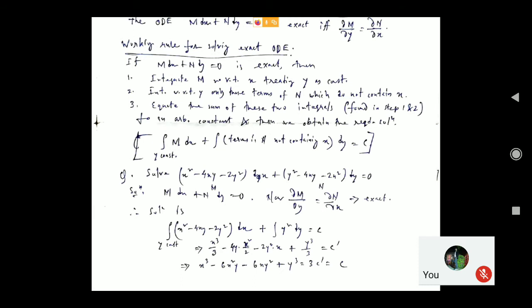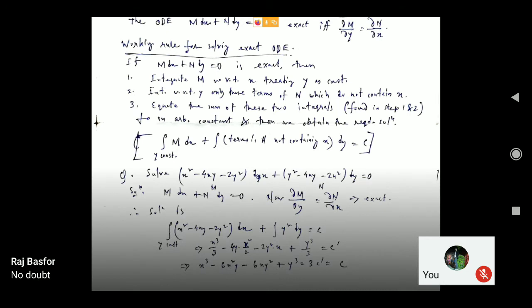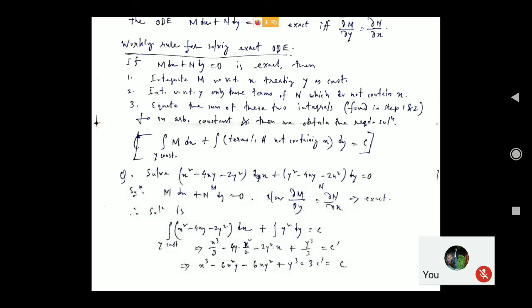Tell me if you have any doubts, or did you understand? Then read the working rule. Understood, sir. If anybody did not understand, then also tell. So I assume you have understood.